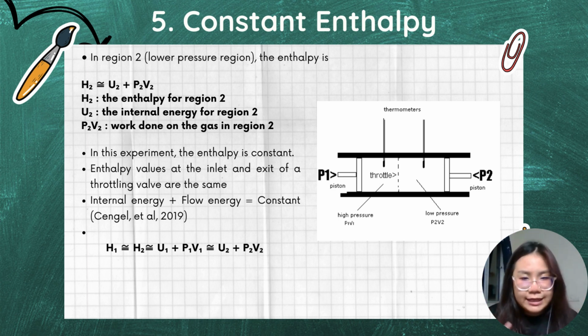So, in this experiment, we say that the enthalpy is constant, which means that the enthalpy values at the inlet and exit of the throttling valve are always the same. That means that the internal energy plus the flow energy, or the work done, is always constant.